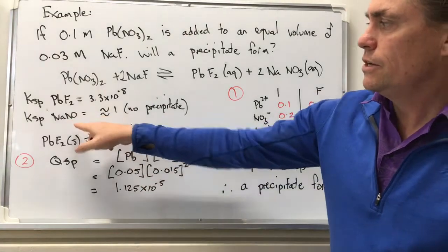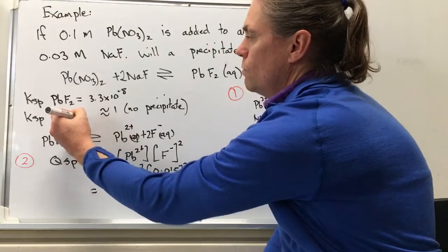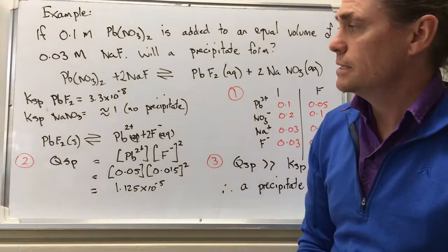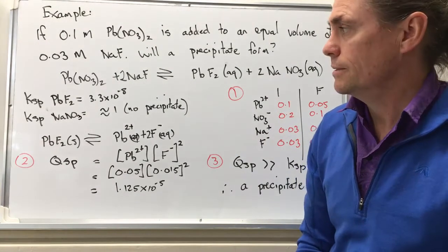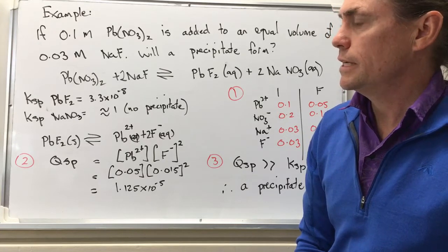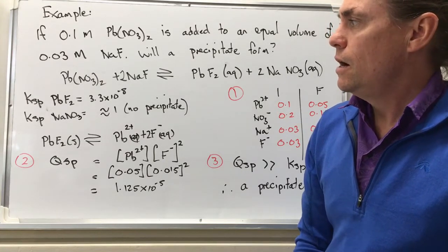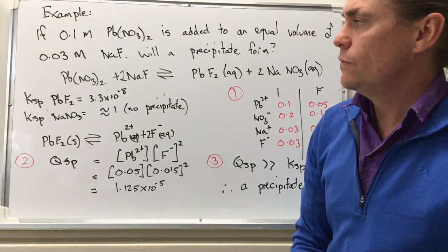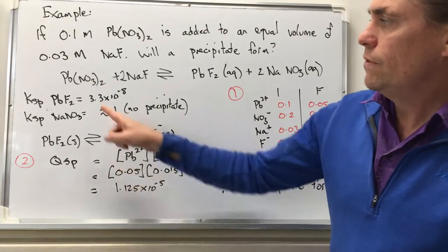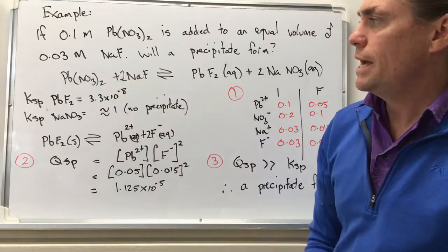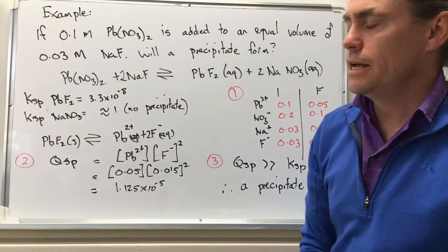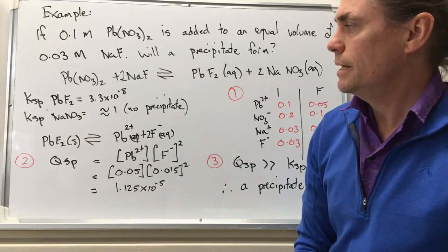In other words, sodium nitrate will not form precipitates readily unless there's a high enough concentration present, past that saturated solution. On the other hand, our lead fluoride, if we look at the Ksp value, we find that it's 3.3 by 10 to the minus 8. So in this particular reaction, there is a possibility that our lead fluoride will form a precipitate.